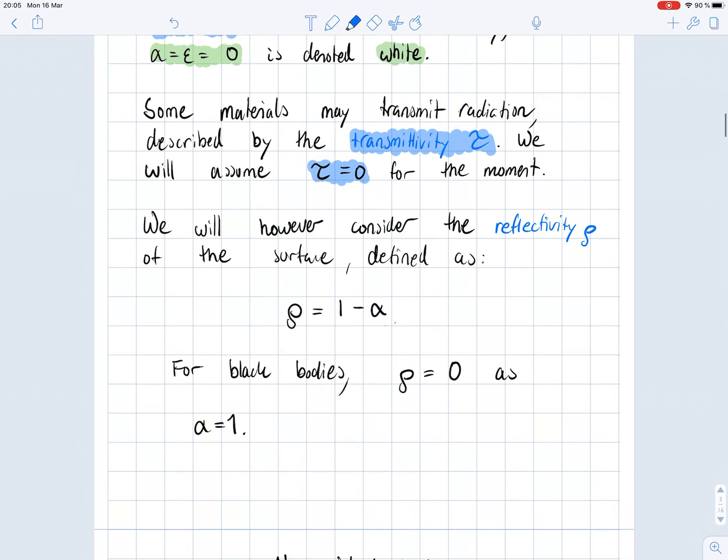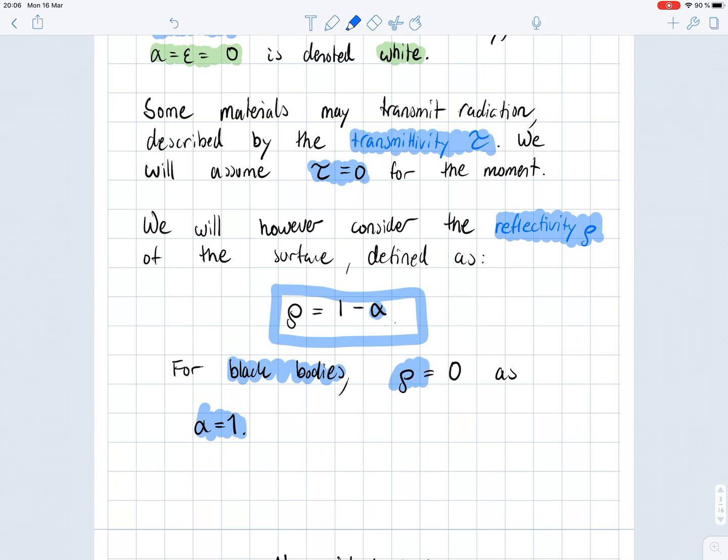One parameter that we will consider and spend quite a lot of time on is, however, the reflectivity, rho. And reflectivity has a definition given like this. It's 1 minus alpha, where alpha is the absorptivity. That means for black bodies we have alpha equals 1.